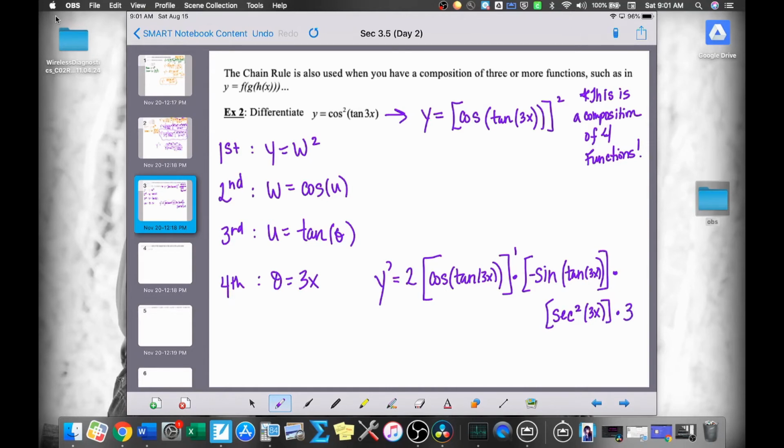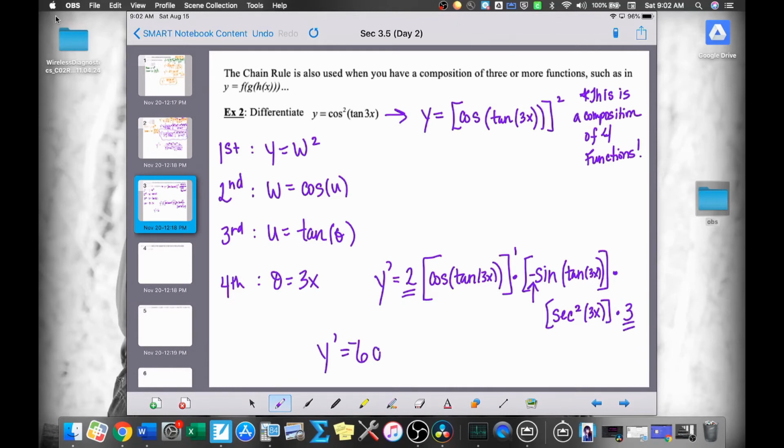So we can certainly clean this up a little bit. y prime is going to be equal to, we can take that 3 on the end and multiply it by the 2 at the beginning and make that a 6. And oh, you know what? We can also take that negative sign from our negative sine and let's make that a negative 6.